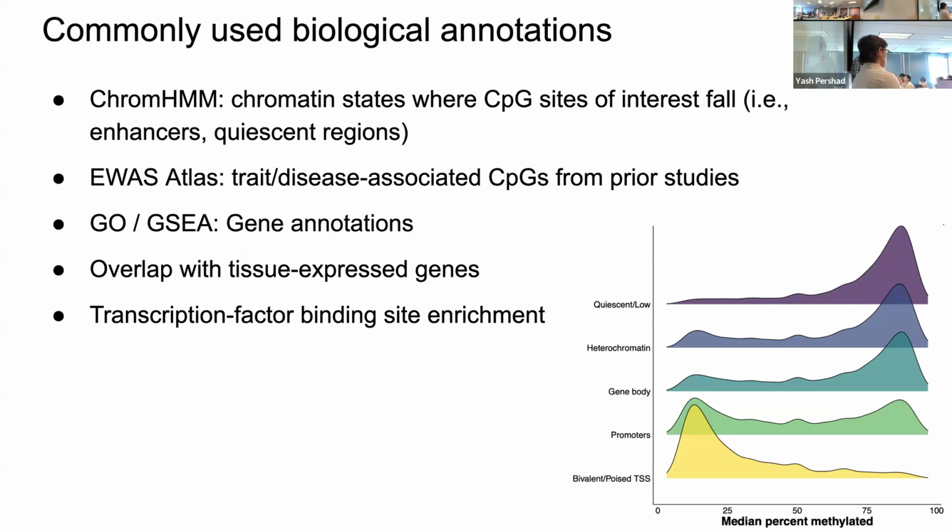Transcription factor binding site enrichment is another one. So again, just thinking spatially in the genome where you might want to limit your search space to, but then to ask, what transcription factors are binding in these CpGs? And then do I see a really highly methylated context? Okay, that's interesting. Maybe that methylation is actually inhibiting the transcription factor binding. Or is this a lowly methylated context?